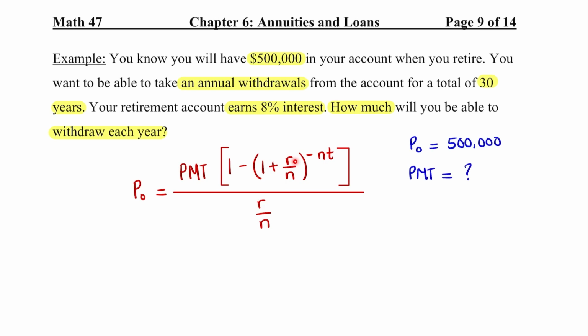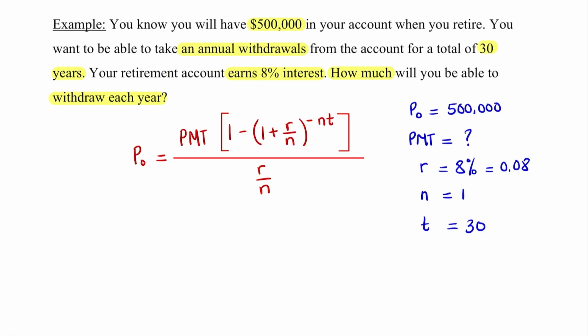R is the annual interest rate. In this case, that is 8%, which is equivalent to 0.08. N is the number of compounding periods in 1 year. In this case, I withdraw the money each year, so I only do it once a year. N is 1. T is the number of years that I plan to take the withdrawals, so T is 30.